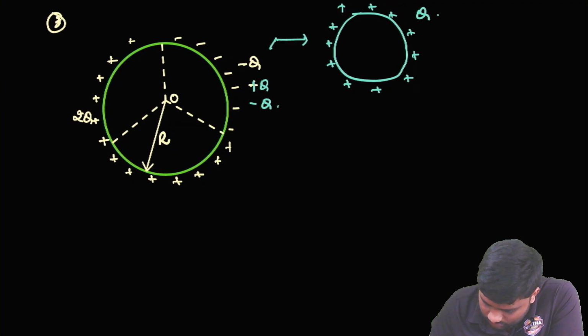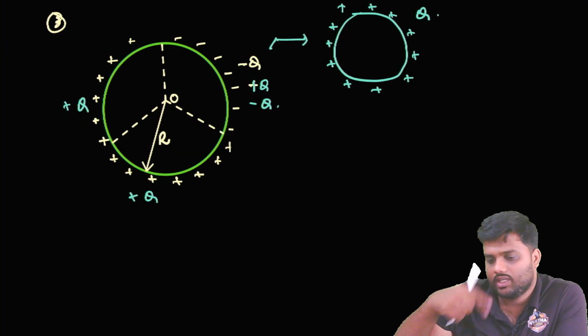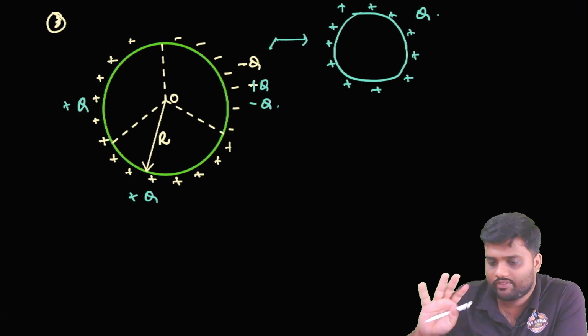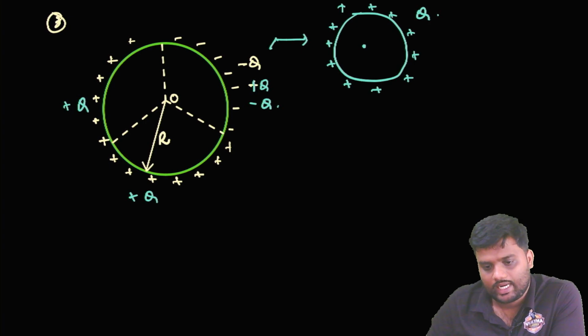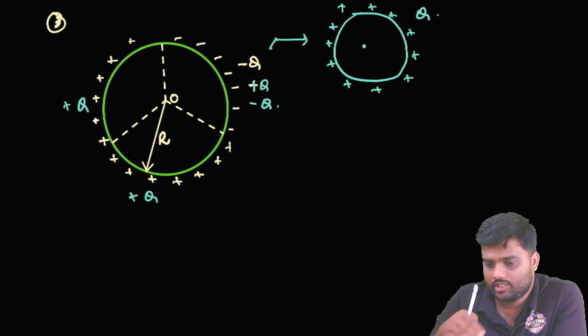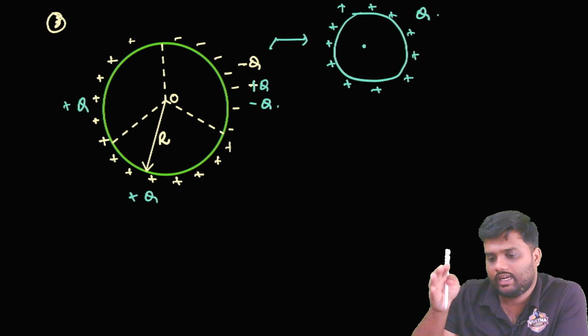No. Wait. On this line it is plus q. Here also plus q. Here also plus q. Plus q is completely given everywhere. So at this point O, see, positive q is given everywhere.